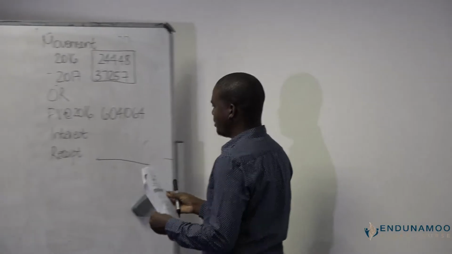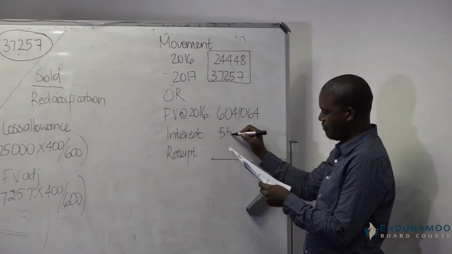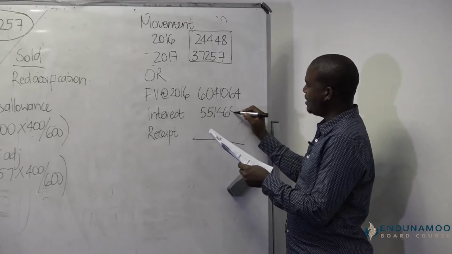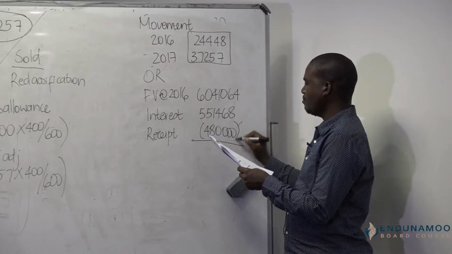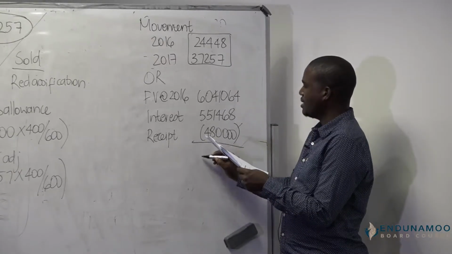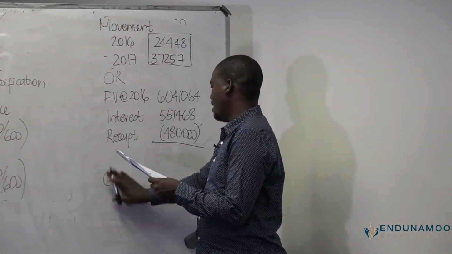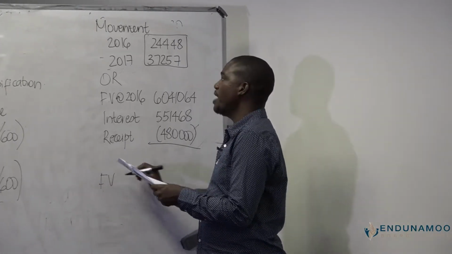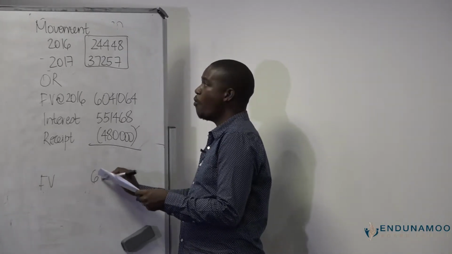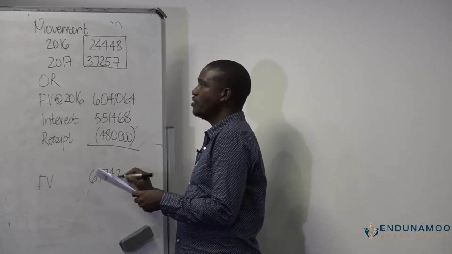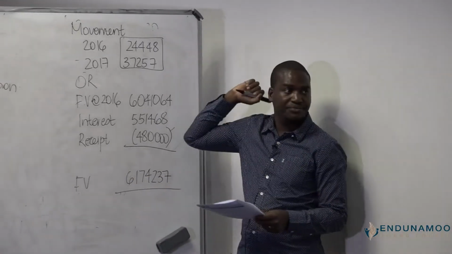If we go to the amortization table, we are sitting with 551,468 minus 480, and this will give us a number which we'll need to compare with the fair value of 6,174,237. So what is the answer here?